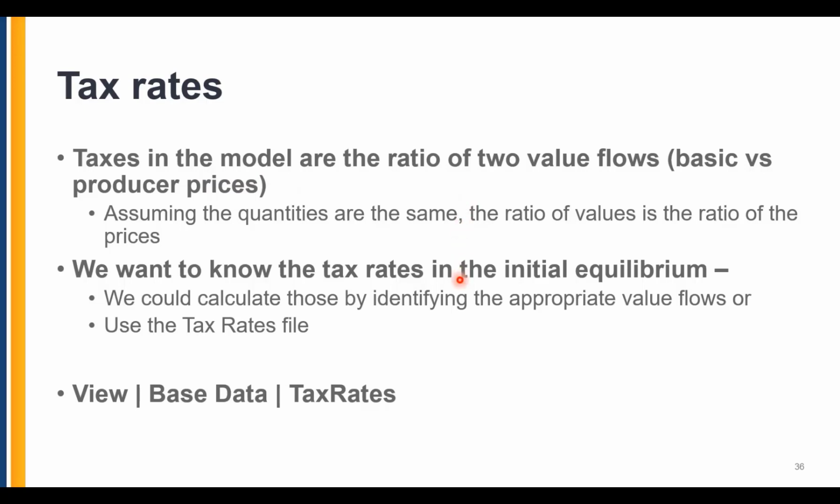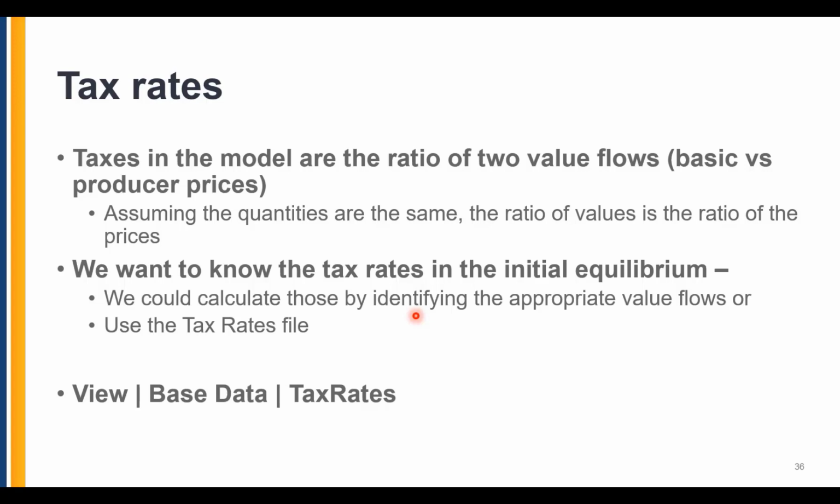We want to know the tax rates in the initial equilibrium. And we can certainly calculate those. We've already looked at these in the previous presentation, where we had one value flow measured at basic and one measured at producer pricing. And so we could take those ratios and work our way to the taxes.